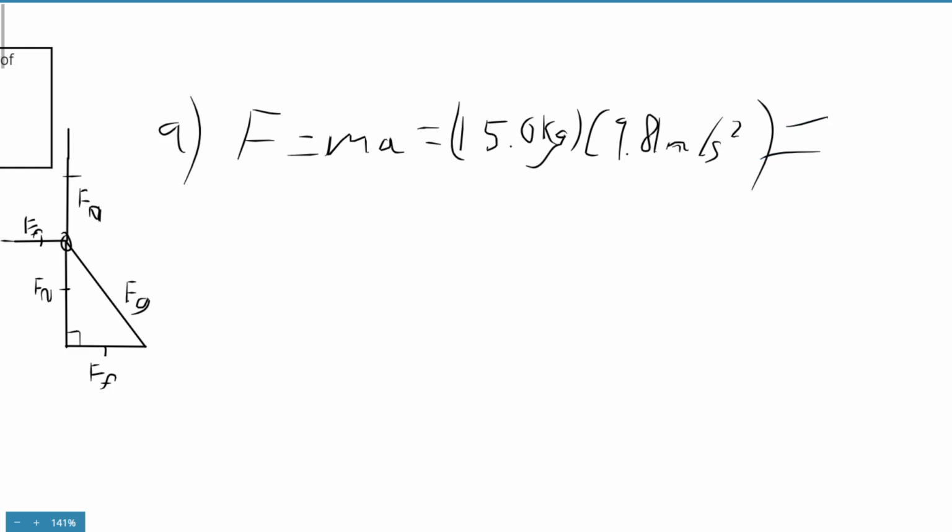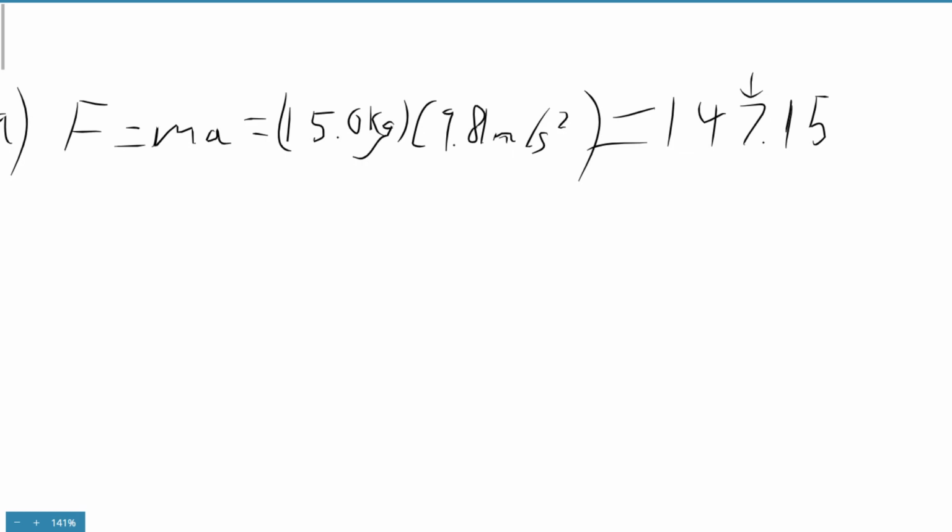Now we just put that in our calculator. 15 times 9.81, that's 147.15. We're not done with this value, so we shouldn't round it up just yet. But it should be 3 sig figs, and the unit is newtons.